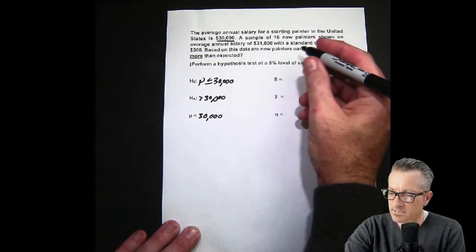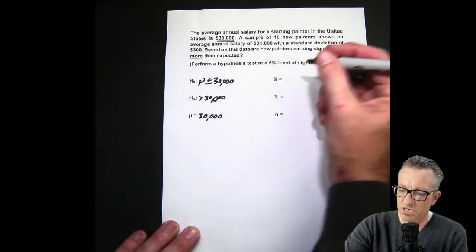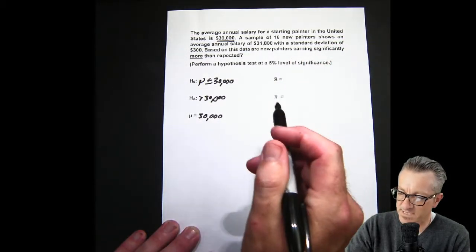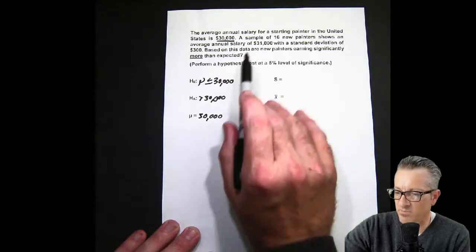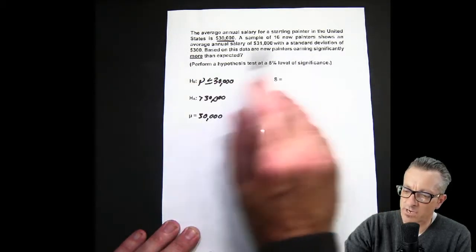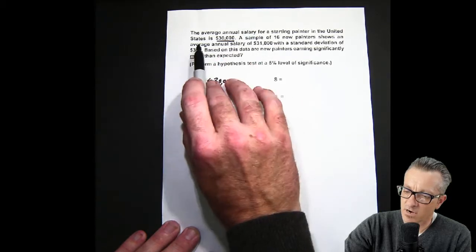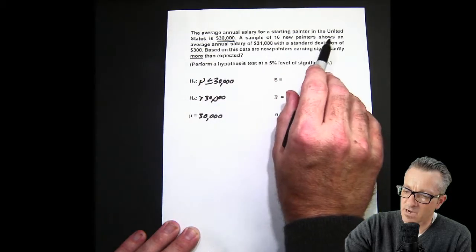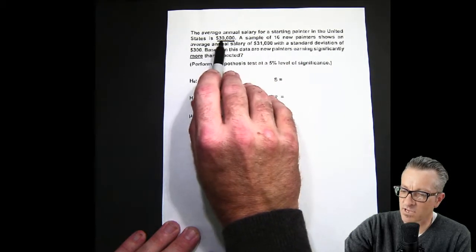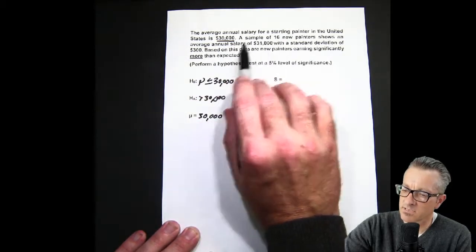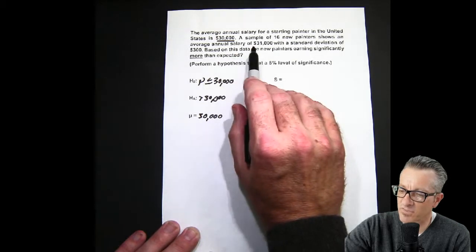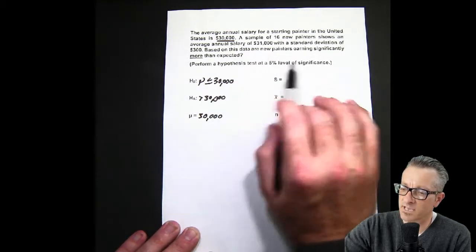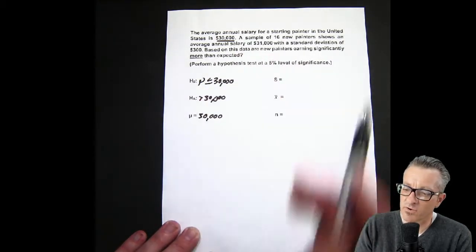And our S, which is our standard deviation. Now this is the standard deviation of the sample. You know that because of the way it's written up front, where it talks about the population mean of 30,000, and then it talks about the sample: a sample of 16 new painters shows an average annual salary of $31,000 with a standard deviation of 300.